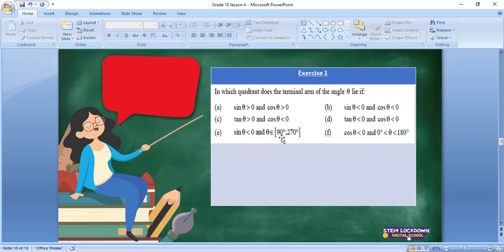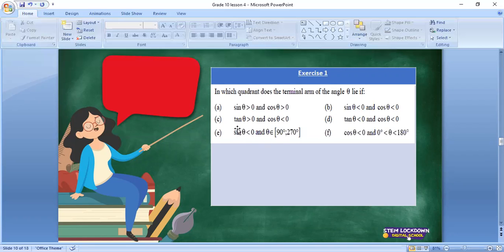Theta being between 90 and 270 only implies the second and the third quadrant. That means theta can only be an angle between 90 and 270, so theta cannot be in the first one, and theta cannot be in the fourth one. So theta can only be in the second and the third.